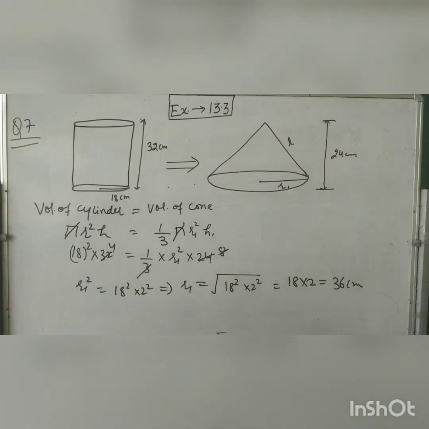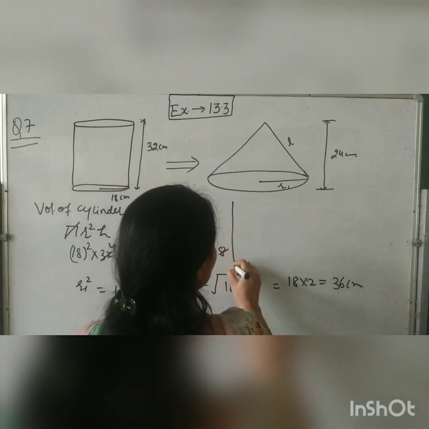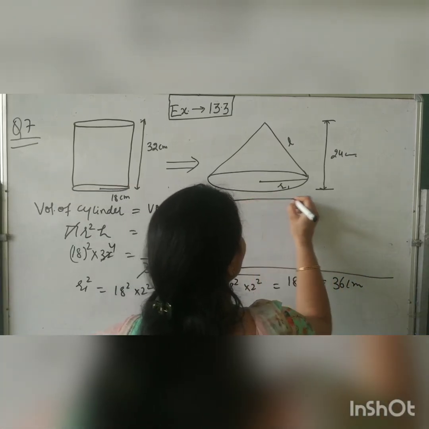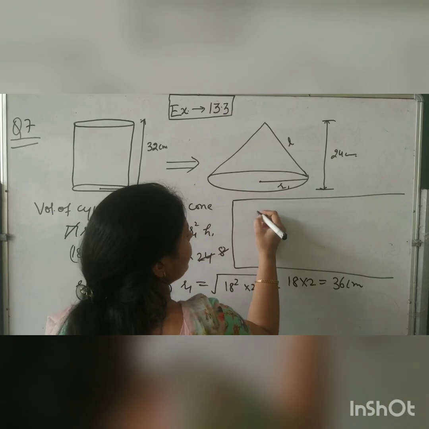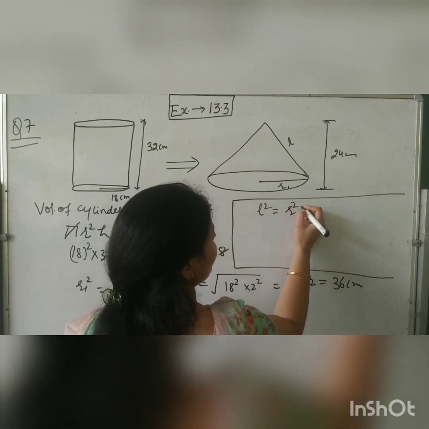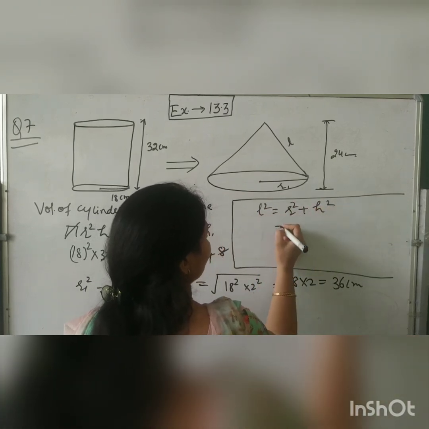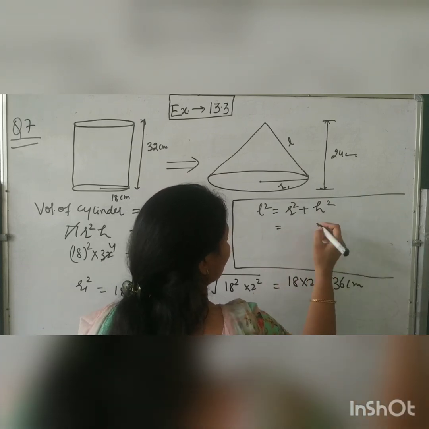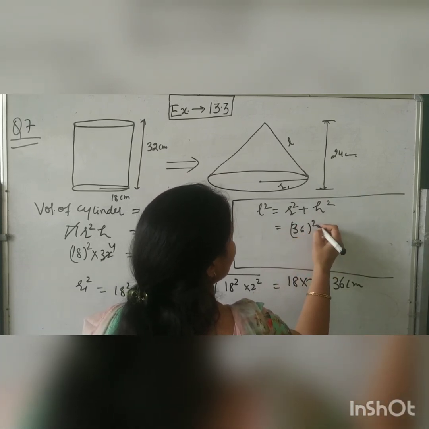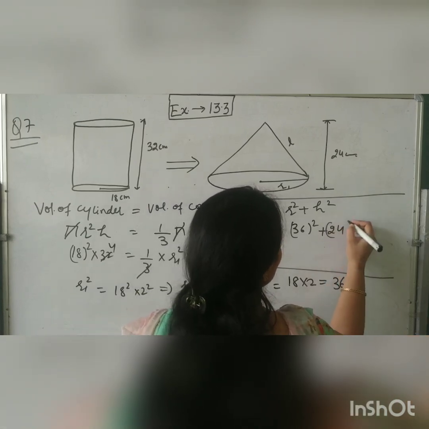Now we have to find the slant height. We will use the relation between slant height, radius and height. That would be L square is equal to R square plus H square. Radius is 36, height is 24 square.